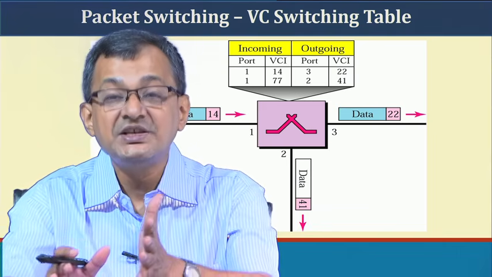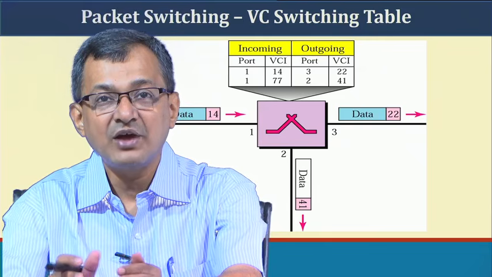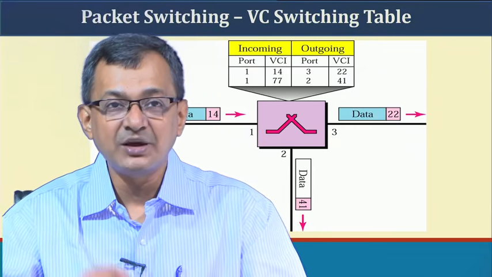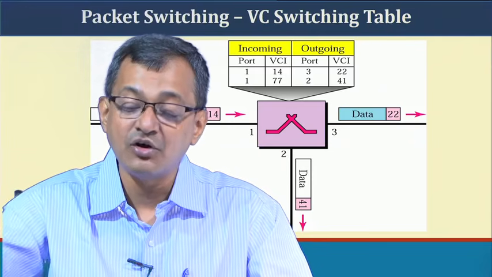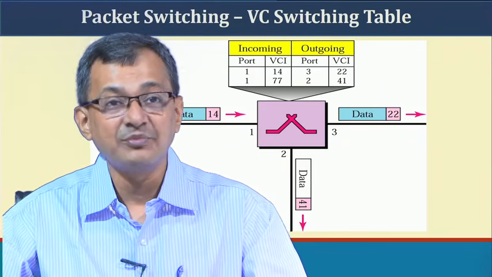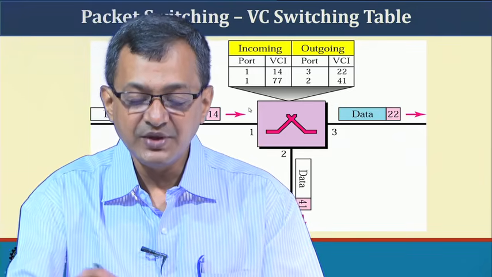This switching is interestingly localized, so I do not have to have a huge number of identifiers, because other hops can theoretically have some other VCI 14, right. This way it goes on switching.